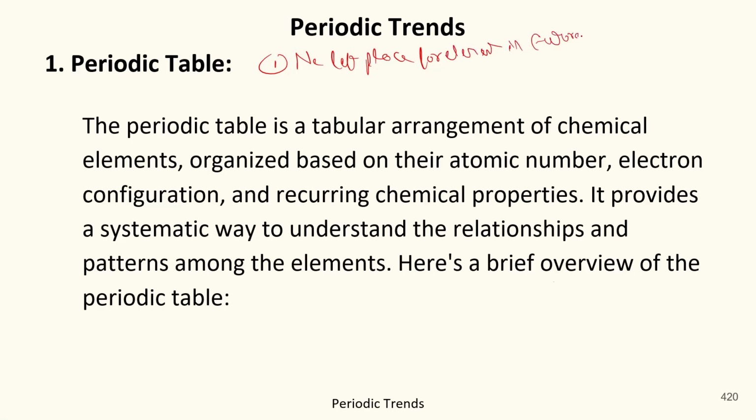Not like Newland, who said only 56 elements existed and no element would be discovered. Mendeleev tried a different approach. He left some spaces for elements, saying these elements are not discovered yet, but they will be discovered in the future.